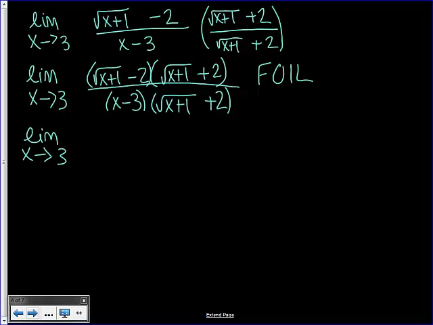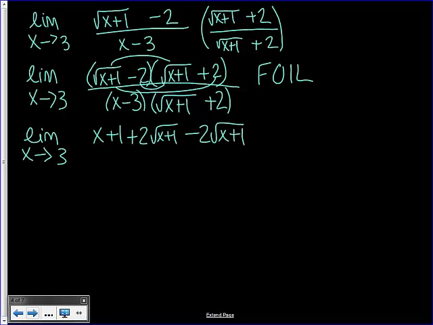So square root of x plus 1 times square root of x plus 1 is x plus 1. Outer is just 2 root x plus 1, so plus 2 root x plus 1. Inner, negative 2 root x plus 1.